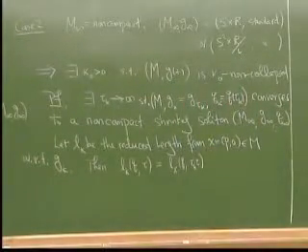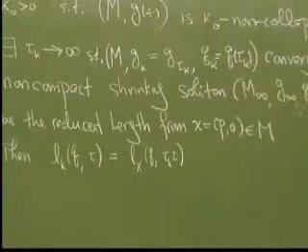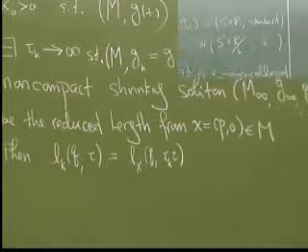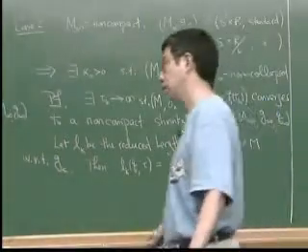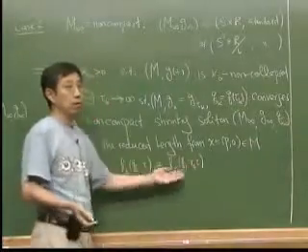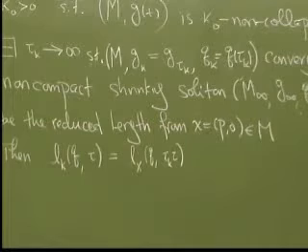Okay. So you can check this directly using definitions, right? You define this in terms of geodesics, and this is just the length of minimizing geodesics, and you can just look at it.